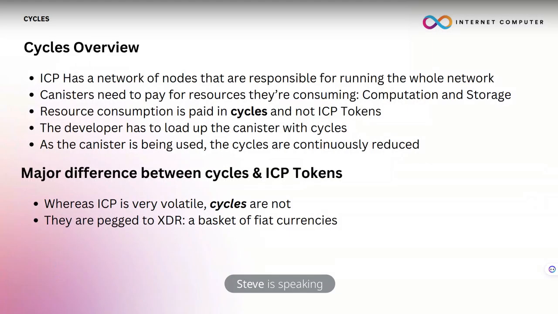So for guys that are not familiar with cycles, just to give you a backstory. ICP has a whole network of computers, commonly referred to as nodes, that run the whole network. So for canisters to run, that is for them to use computation and storage, they normally need to pay for resources.